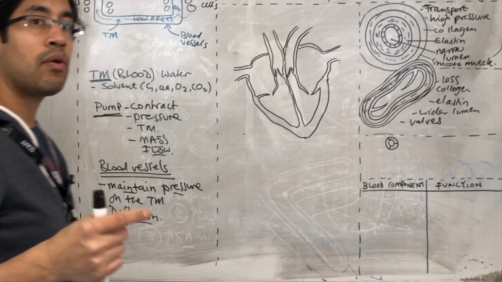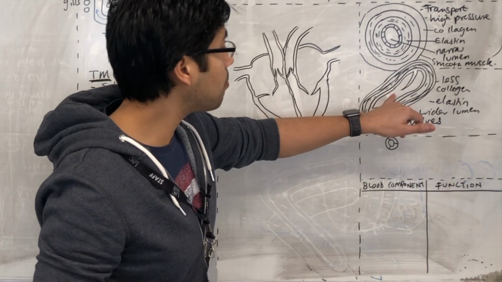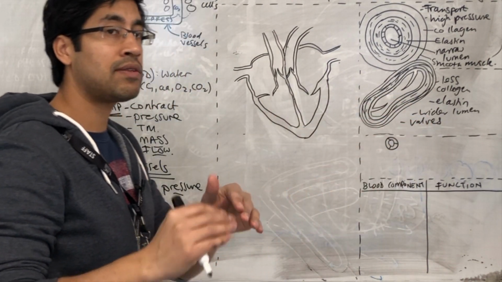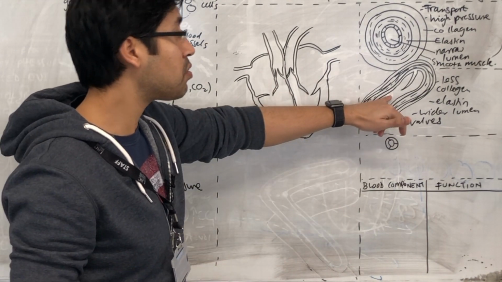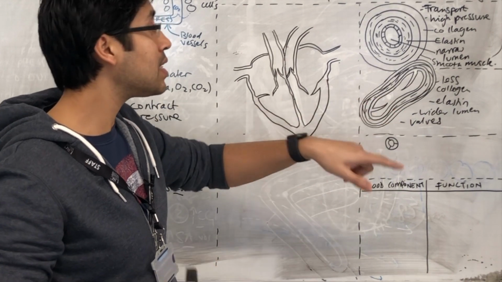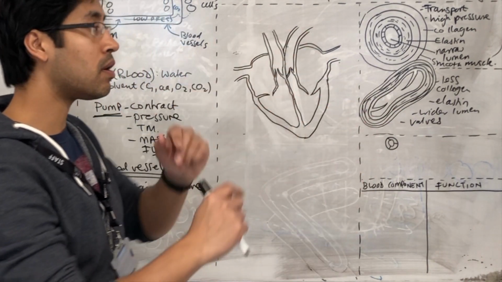Now why? By the time the blood gets to the veins, that blood has lost a lot of its hydrostatic pressure, and the blood is now at a low pressure, but the blood still needs to be transported back to the heart.